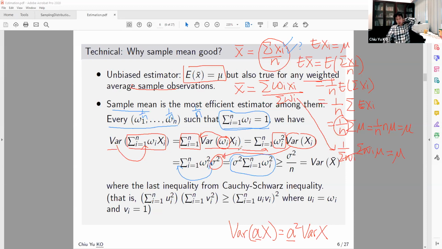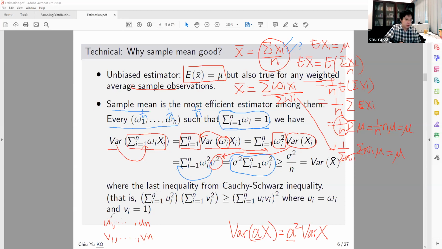So the last step requires us to use what we call the Cauchy-Schwarz inequality, okay? We don't prove it. For those who learned higher math, you know this, but we just use it. What it says, a very interesting property, is: suppose you have a bunch of numbers u1 up to un, and another bunch of numbers v1 up to vn.